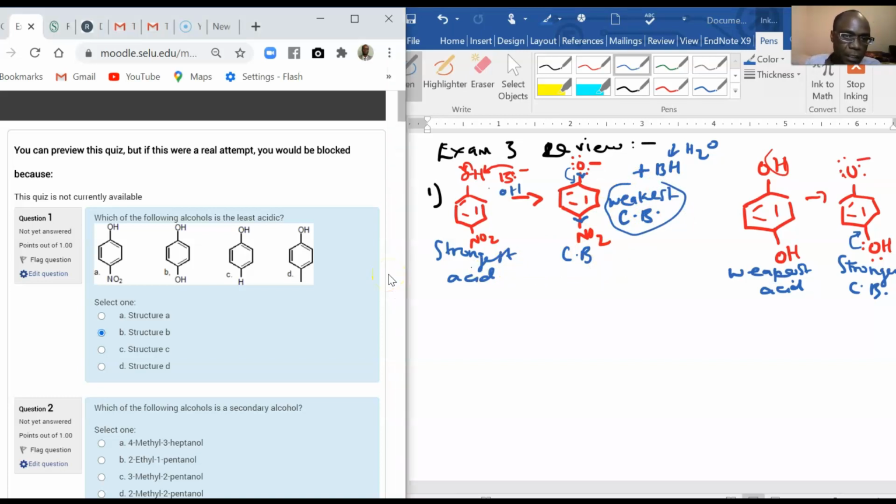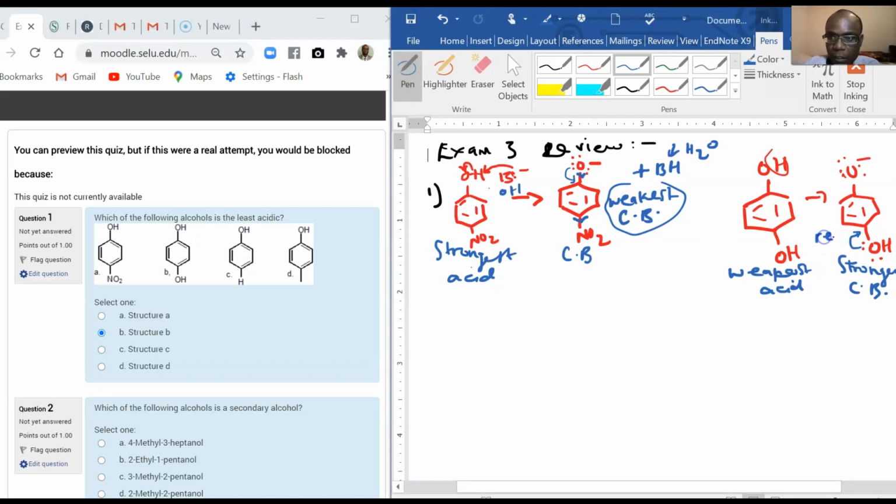Now, H and the methyl don't do much of the donation compared to OH, because OH is donating by resonance, like I showed you here. There is resonance donation. Here there was electron withdrawing, so that stabilizes the conjugate base.